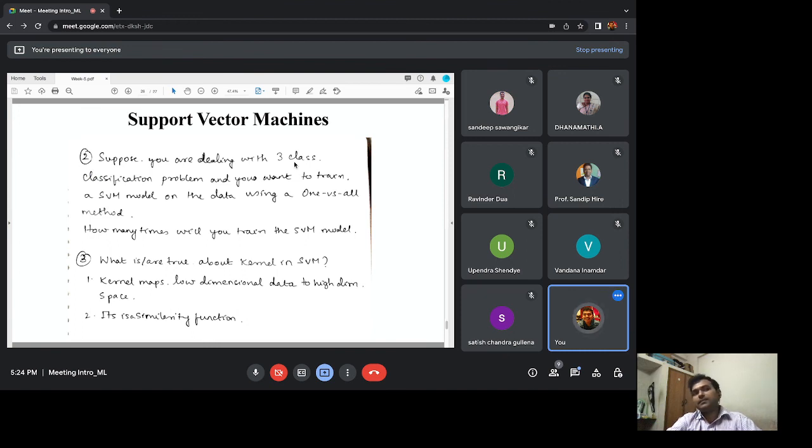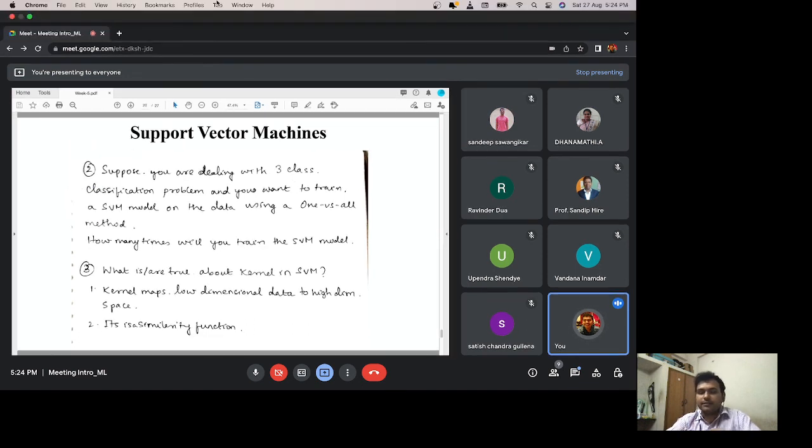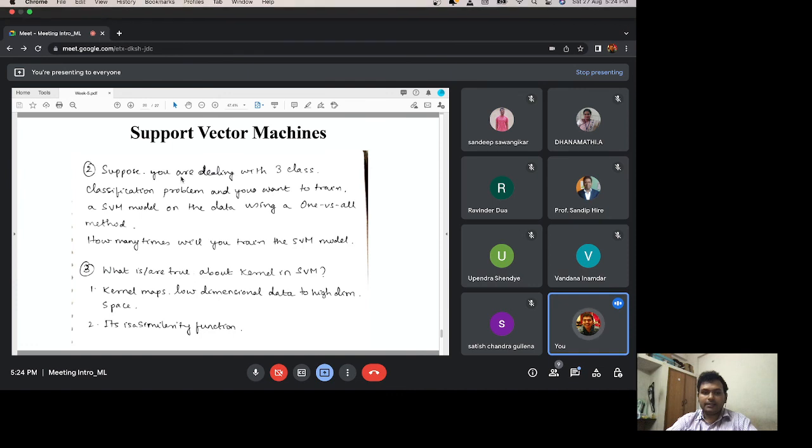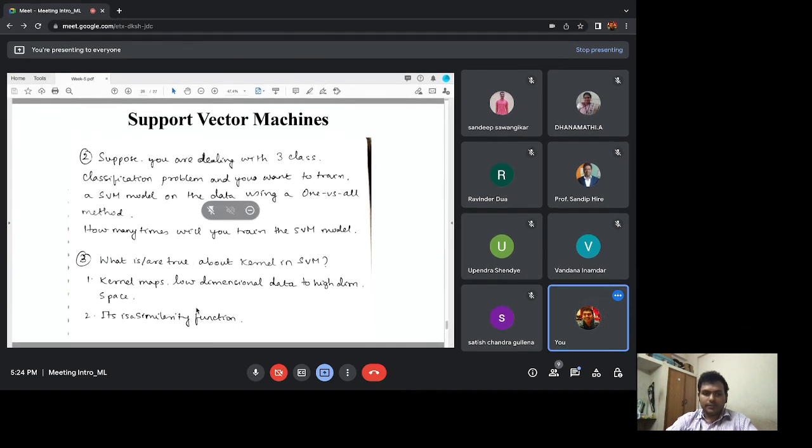Then green is your positive class and red and blue are the negative classes. Finally, blue is the positive class and the other two are negative, and like that you go on. That is known as the 1 versus all method.